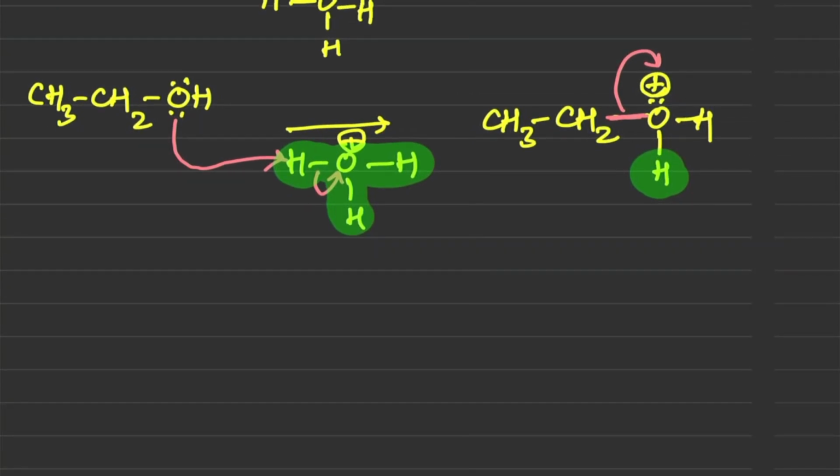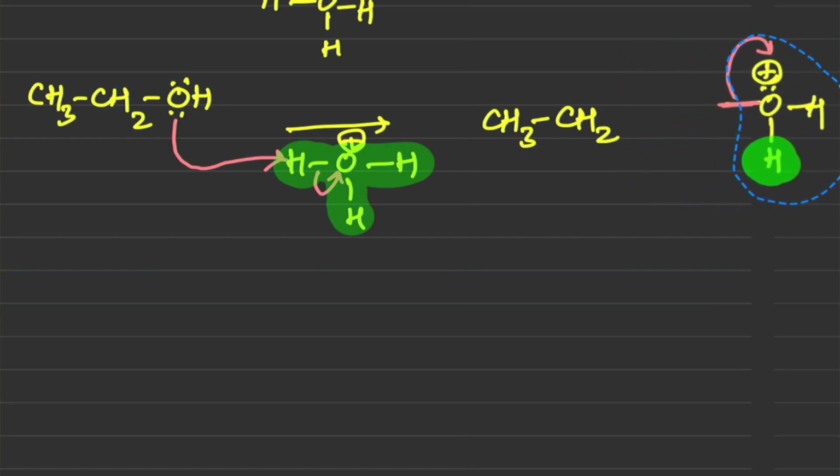If the water goes out, you notice what's happening here. You are creating a carbocation, right? But we know that a primary carbocation is not very stable.